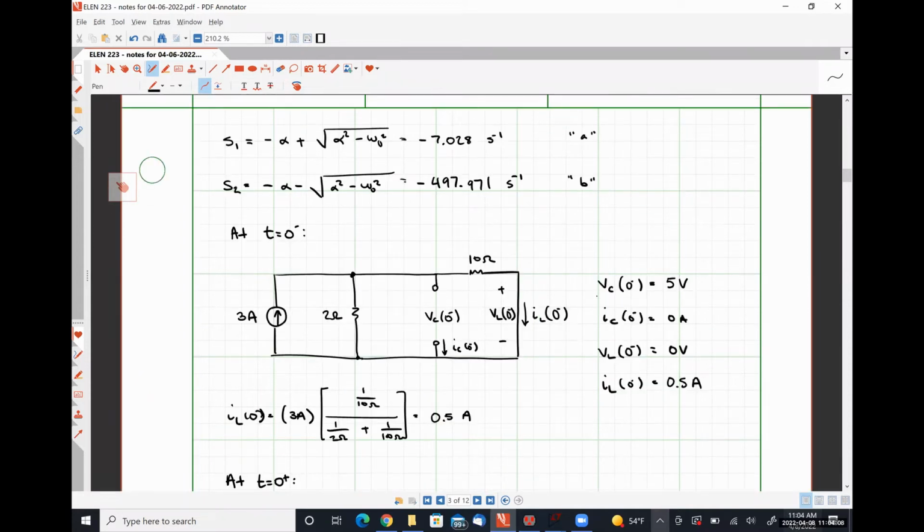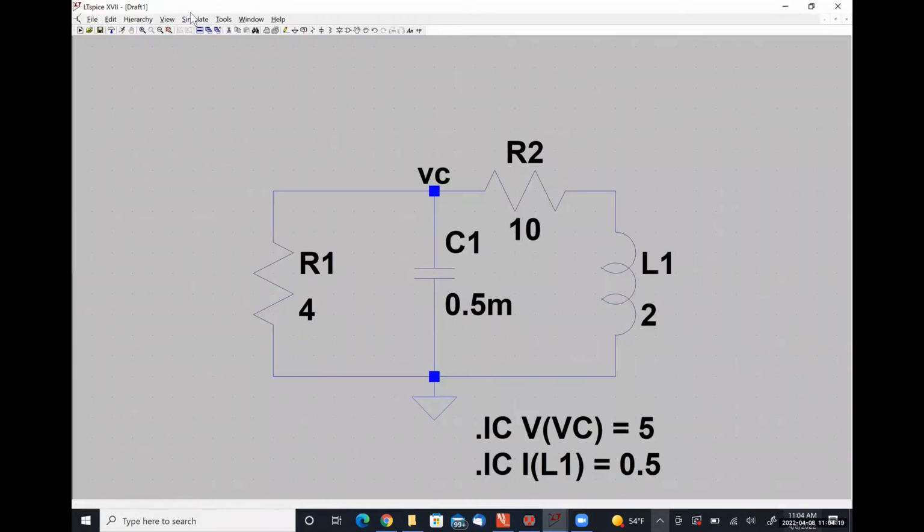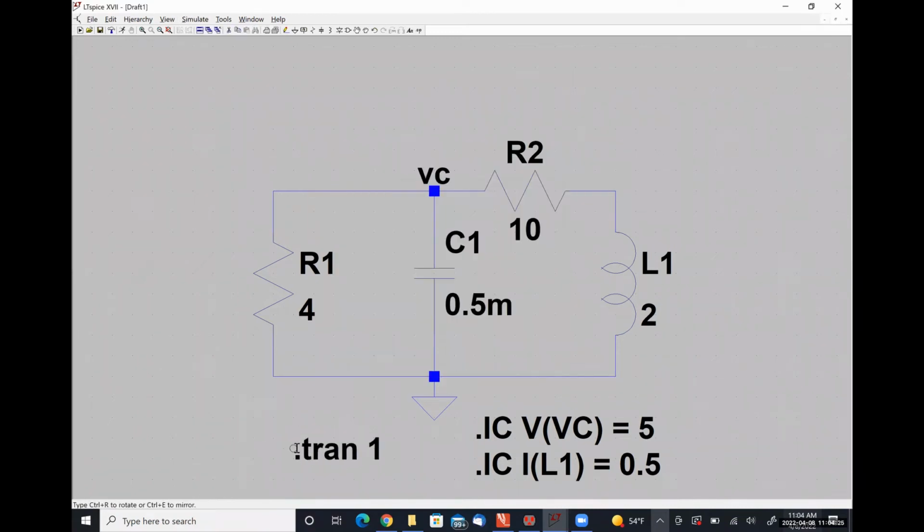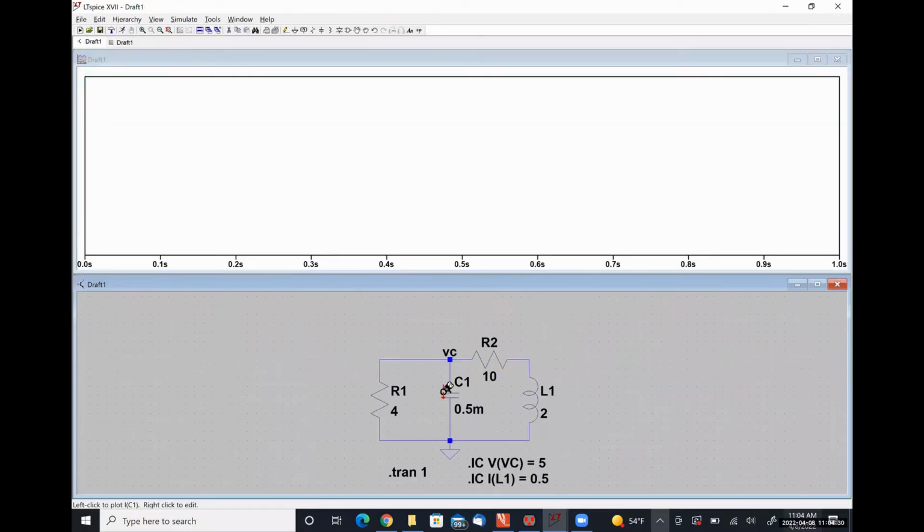S1 was -7. Let's see. So let's do, I think 1 second should be okay, but we'll find out. And if I'm not mistaken, we solved for the capacitor current.